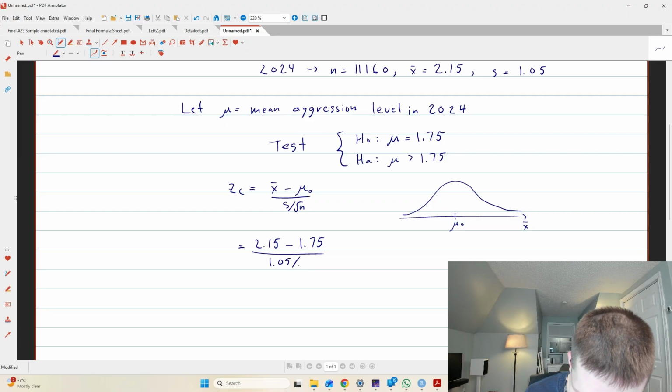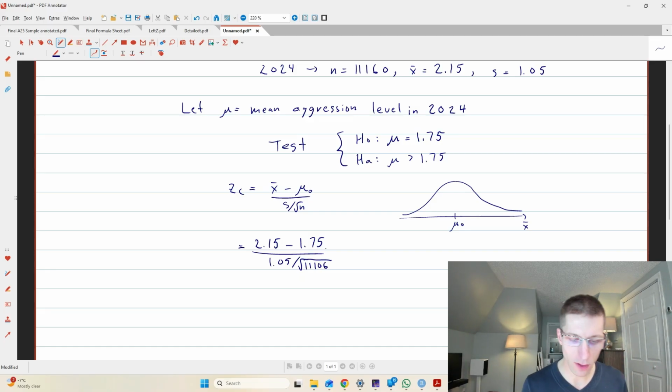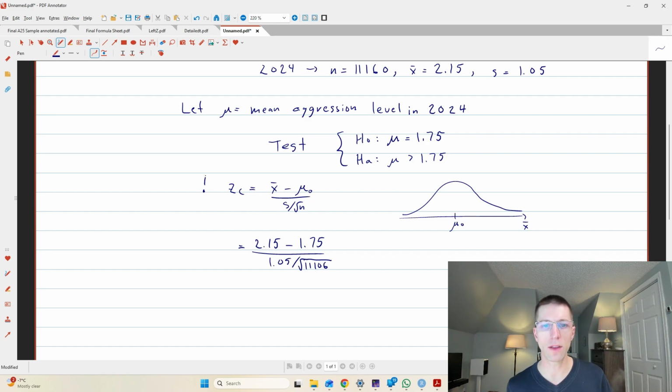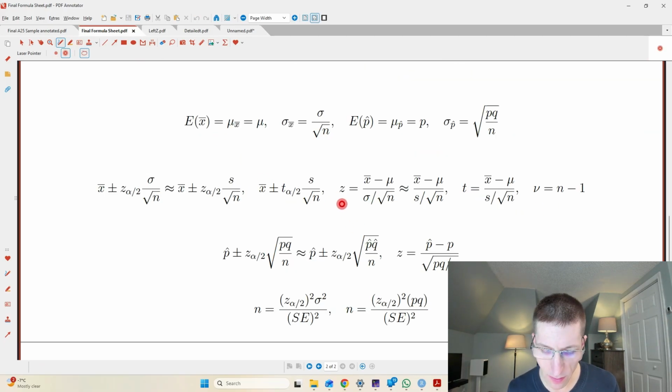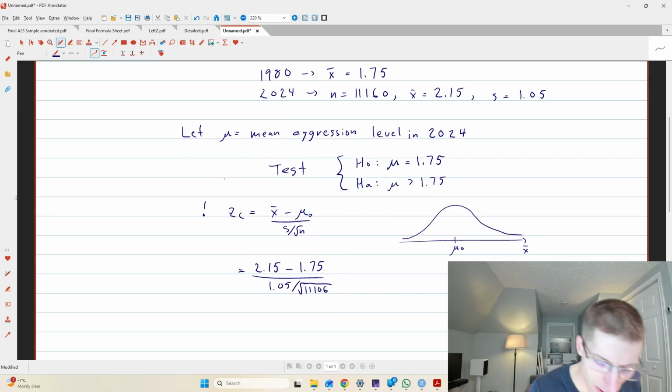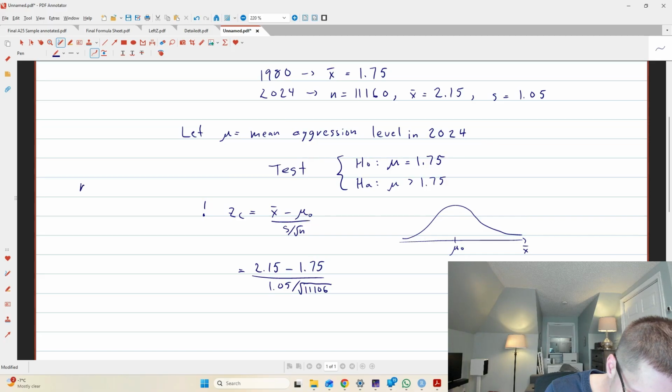over root n. I just realized I'm forgetting to tell you something. So before we do this, is this Z statistic justified? I just kind of jumped in and said, oh, well, we can use a Z statistic, but of course we have to know we have a large sample. So we have n equals 11,160, way bigger than 30.